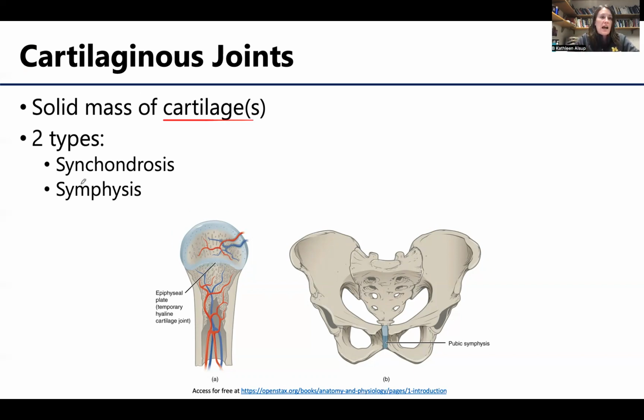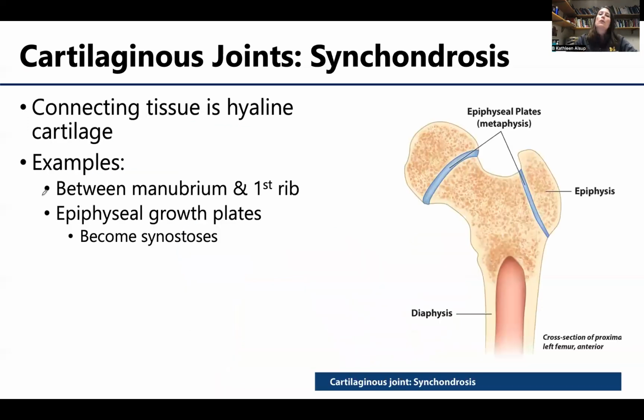There will be two main types. There'll be the synchondrosis, not a syndesmosis, which sounds pretty similar. Syndesmosis is fibrous. Synchondrosis, you have this "chond" in here, so you know you need to be thinking about cartilage. And then the other type is going to be the symphysis. So we'll start with synchondrosis, or synchondroses if we're talking in plural.